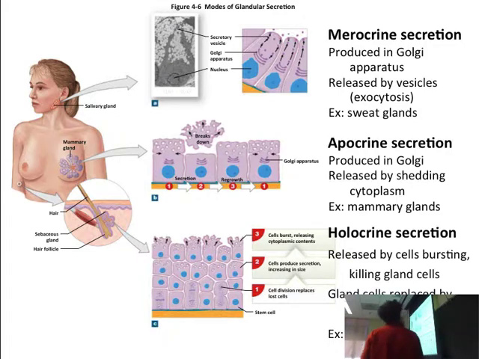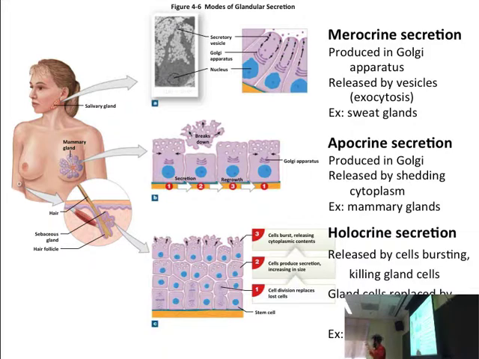It's merocrine secretion. These secretions are made in the Golgi apparatus in the cell, and they're released by little vesicles. The Golgi apparatus produces these cellular secretions and surrounds them in a membrane bubble, which is a pinched off part of the Golgi apparatus.